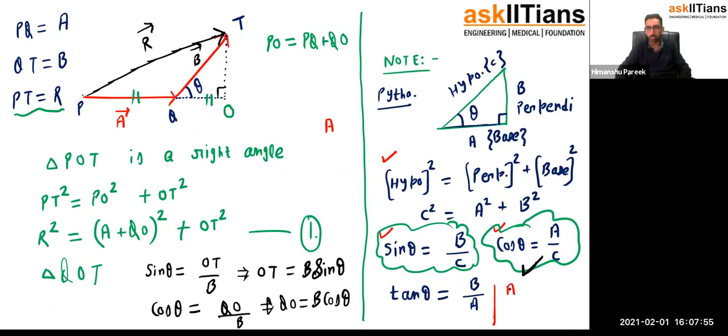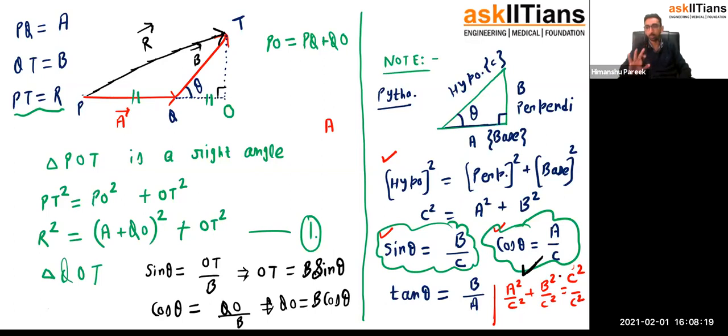When you take LCM, you will be getting C square, and in the numerator you will be getting A square plus B square. But what is A square plus B square, guys? It is C square.